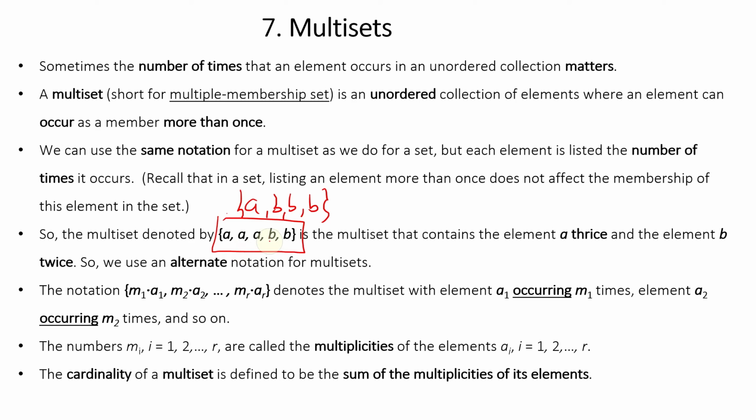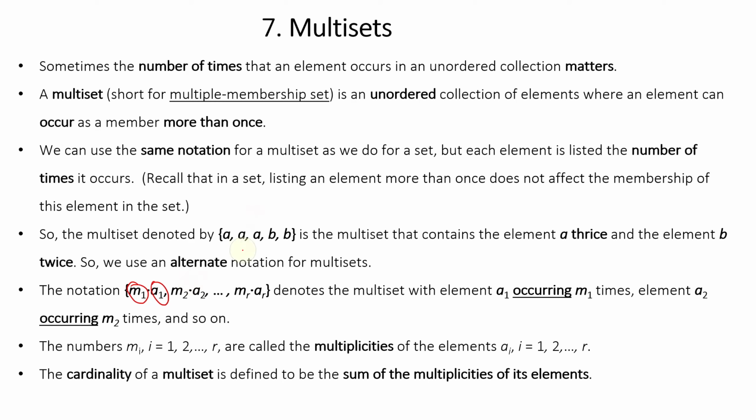As plain sets these are the same, but if I'm talking about multisets, then I pay attention to the repetitions, or the occurrence of the elements. This is one way to represent them: each m is the number of times each element is repeated.